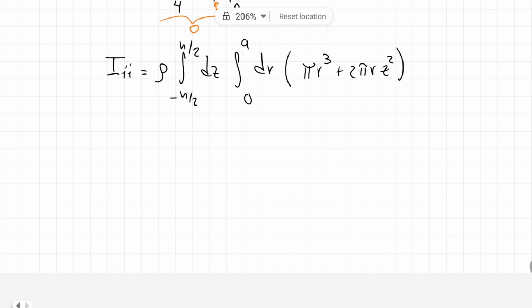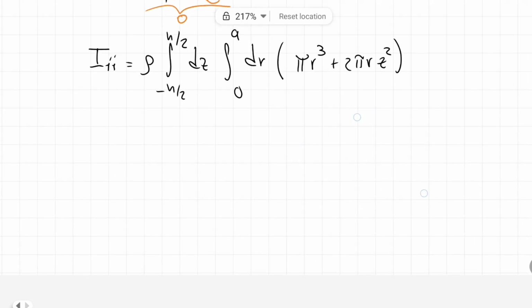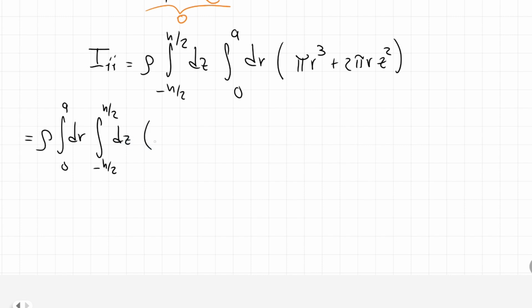So we are going to switch these two integrals. We are going to integrate the z variable first, and then leave the dr variable for last. So we get here the density times the integral from 0 to a dr, the integral from minus h over 2 to h over 2 dz times pi r cubed plus 2 pi r z squared.